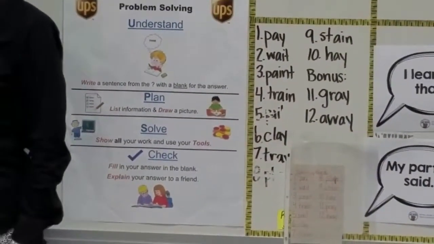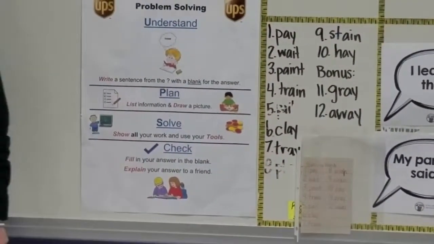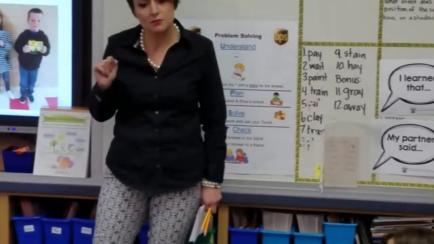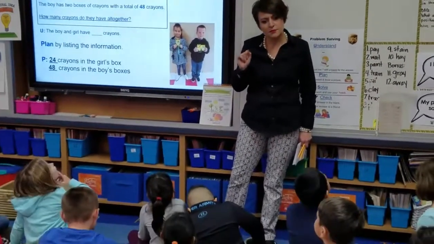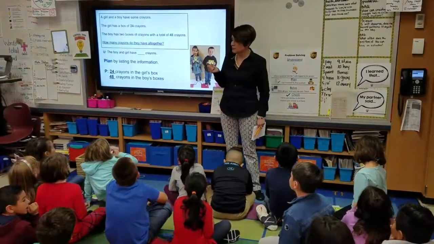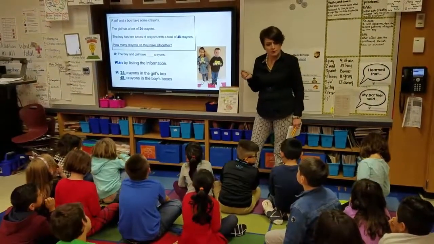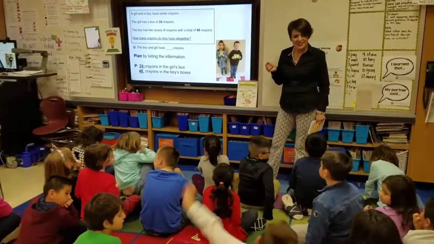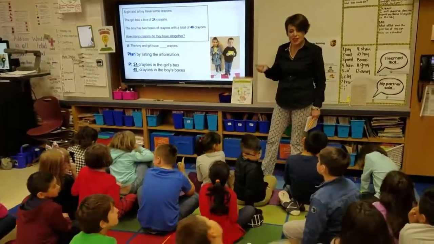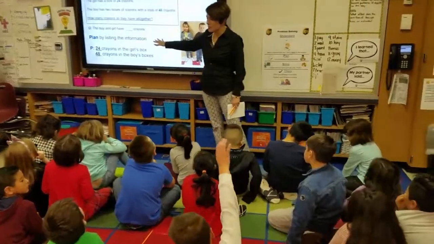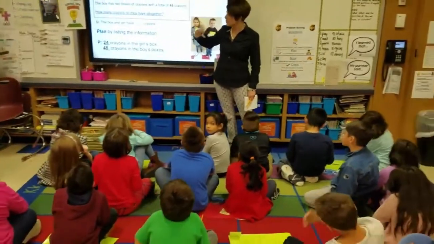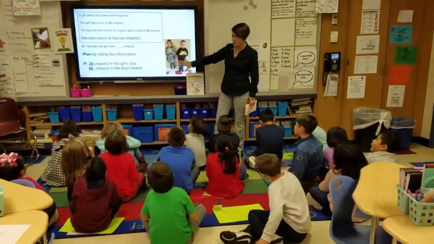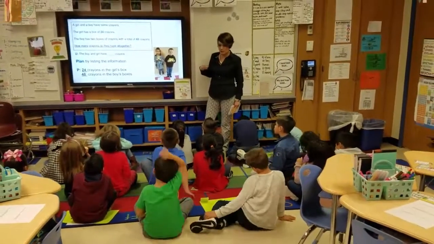Next, what's our next step after we write our understanding statement? Azalea? Plan. Yes, that's right. You plan by listing the information. Let's see, Israel, what information did I need to use for my planning?